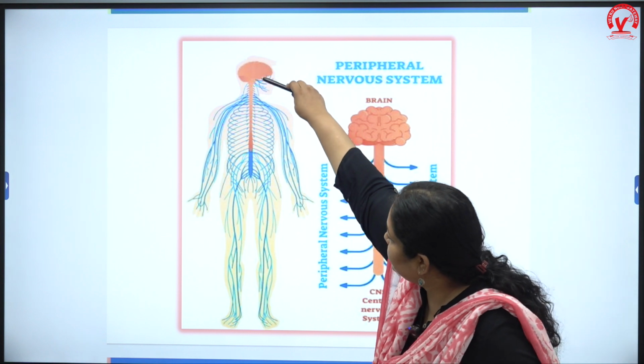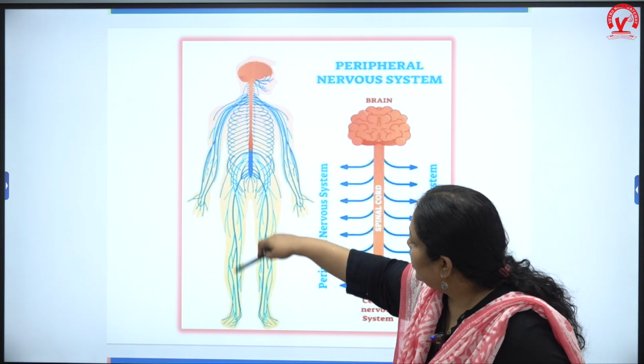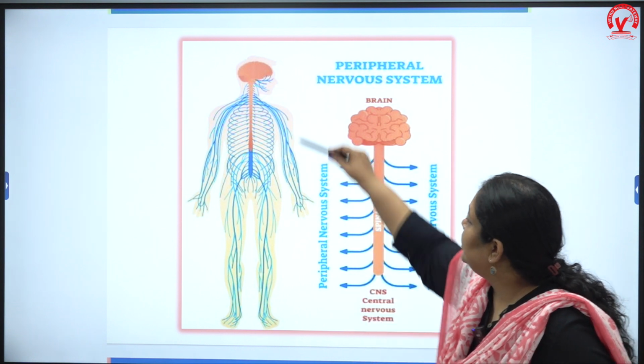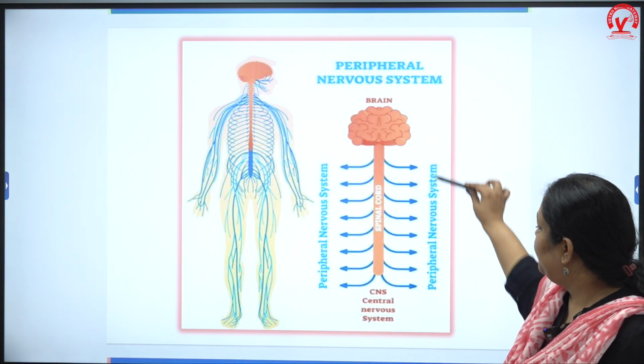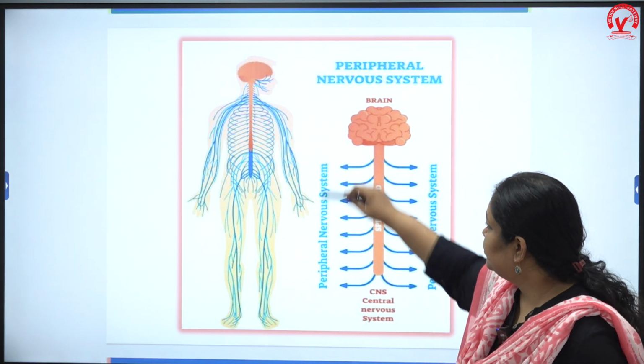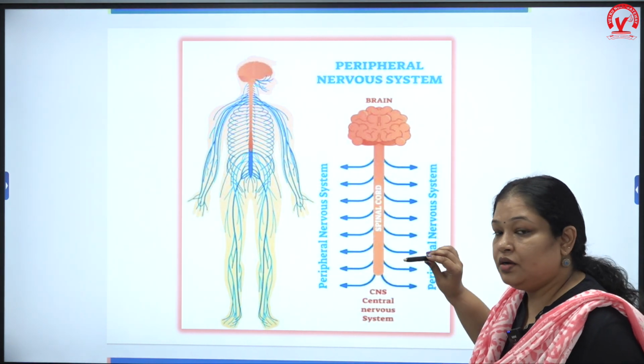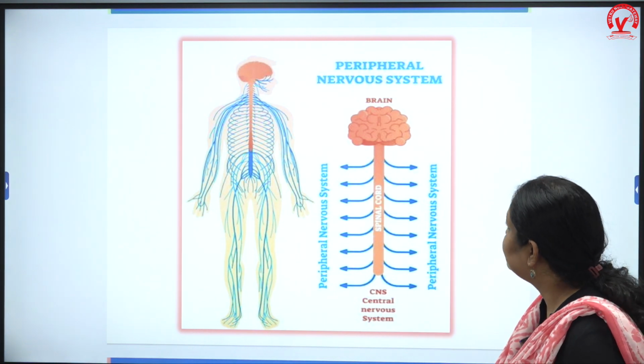Like over here, you can see in this picture, the nerves that come to the limbs, the rest of the body and the face are all peripheral, towards the periphery, outside. And the ones inside, the brain and the spinal cord, that is the central nervous system.